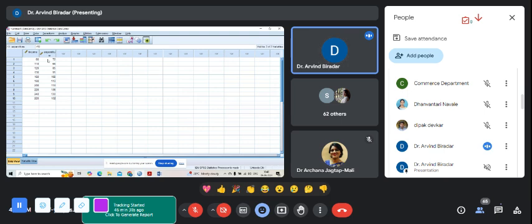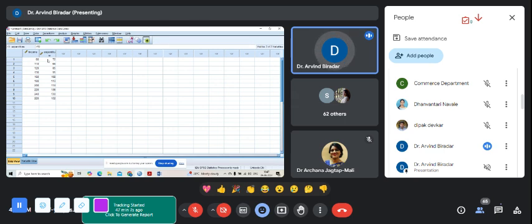this is the problem. First of all, you have to define the null hypothesis. The null hypothesis is about what is the effect of x on y. So it is based on the beta value.